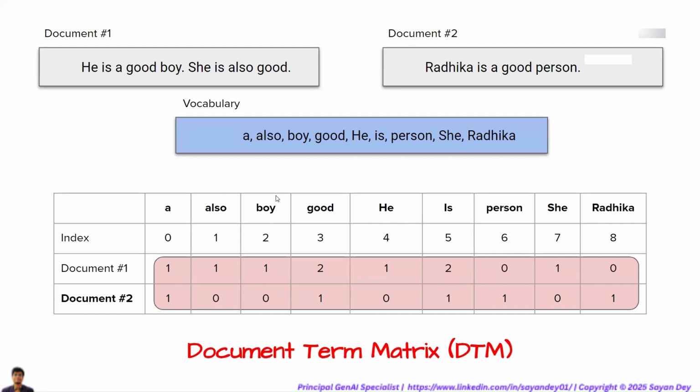Document one, document two, these were the two documents we had, totally unstructured data. And we have managed to convert that unstructured data into a structured numerical form, where in rows and columns we are able to see the matrix representation.